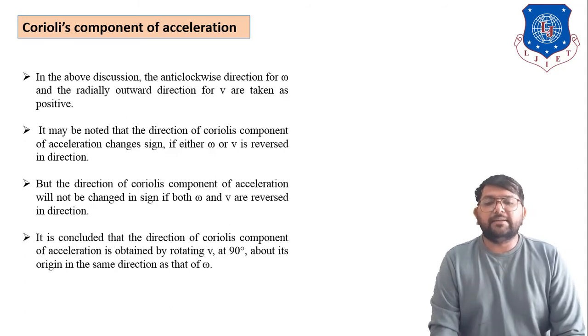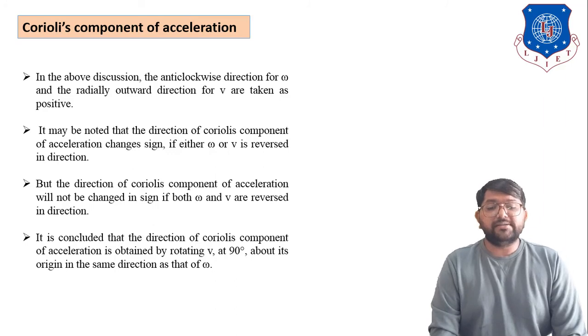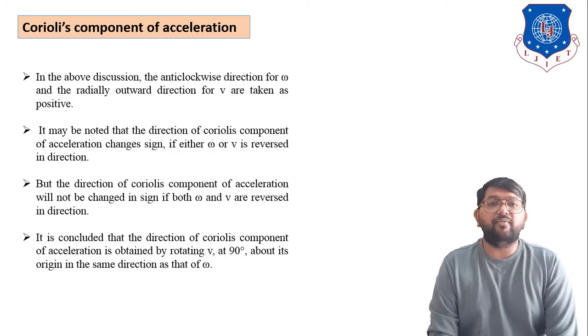Note that the direction of Coriolis component of acceleration changes sign if either omega or v is reversed in direction. But the direction of Coriolis component of acceleration will not change sign if both omega and v are reversed in direction. It is concluded that the direction of Coriolis component of acceleration is obtained by rotating v by 90 degrees about its origin in the same direction as that of omega.